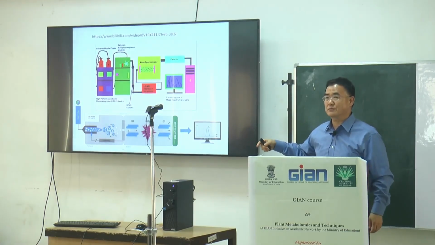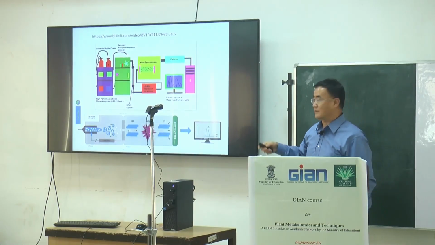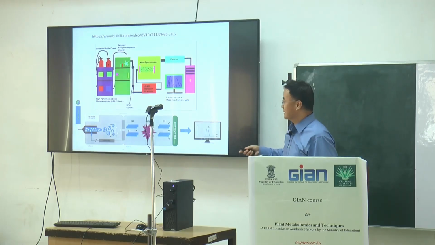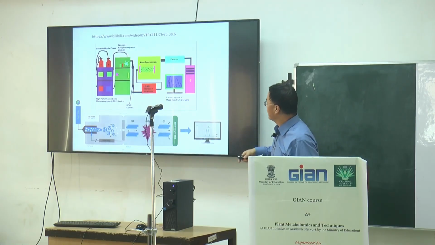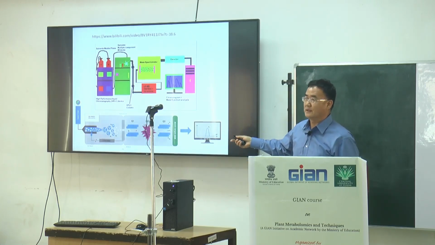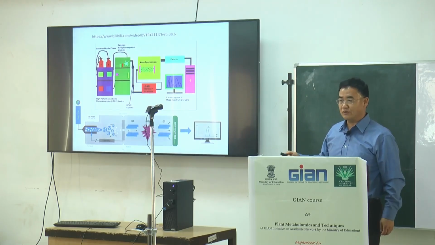Those are very reproducible. But for many other metabolites at micro or even nanomolar levels, we have to use the high sensitivity of MS, and also for identification of new unknown compounds.